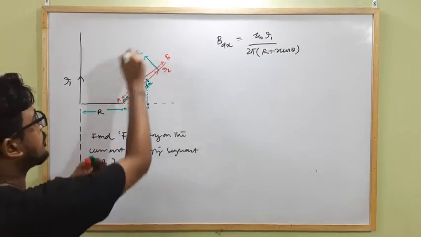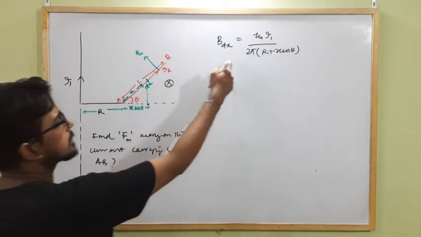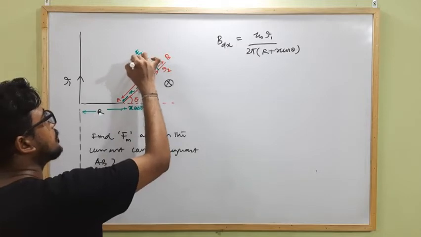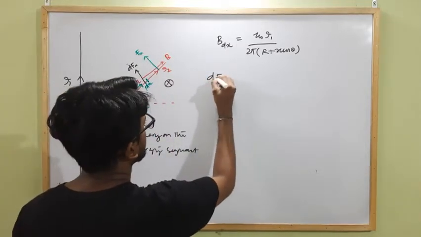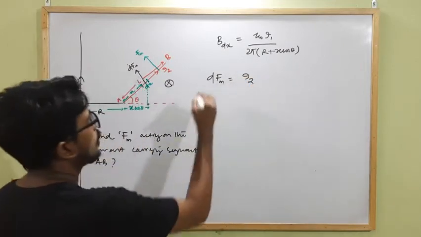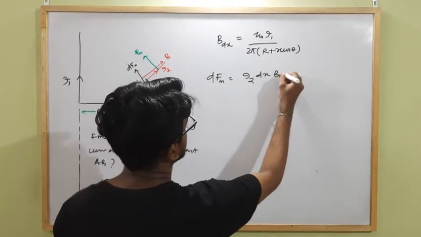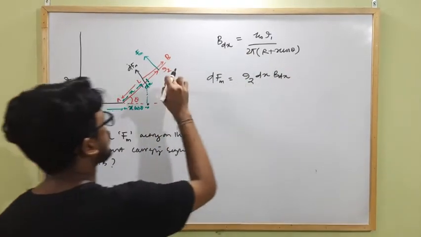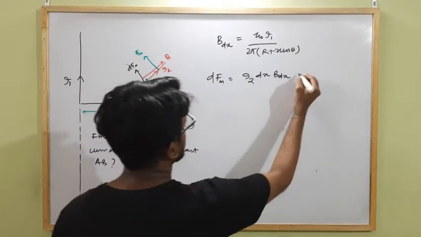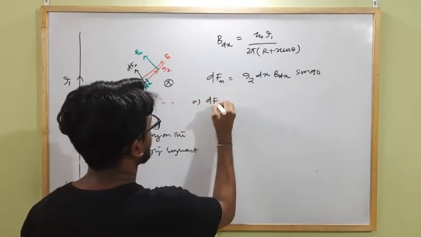Magnetic field at each and every point here will be into the plane, and the magnetic field strength is this much. So the force acting here will be along this direction, that is dFm. So what is dFm? It will be I2 dx into B, sine 90, because the direction is into the plane and dl is along the plane, so it will be sine 90. So this implies dFm will be how much?